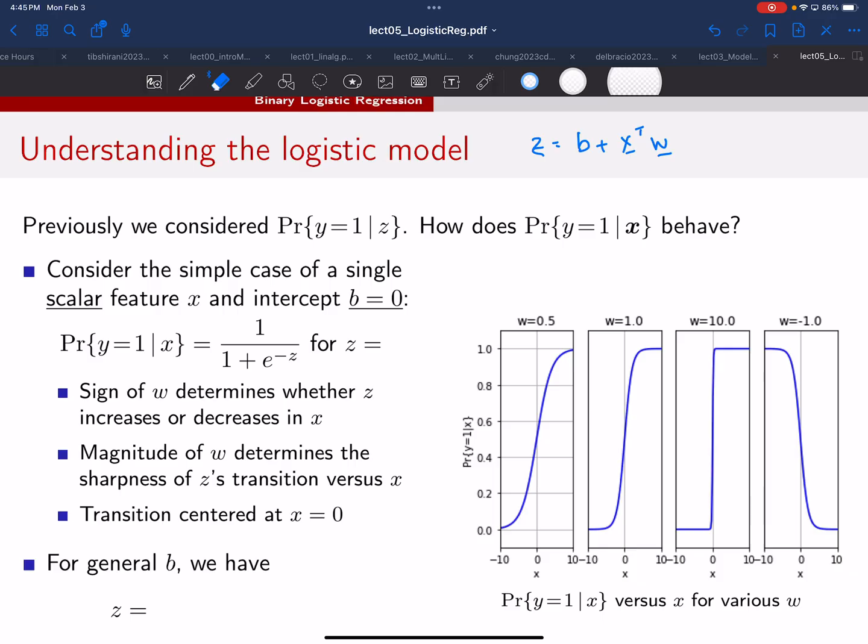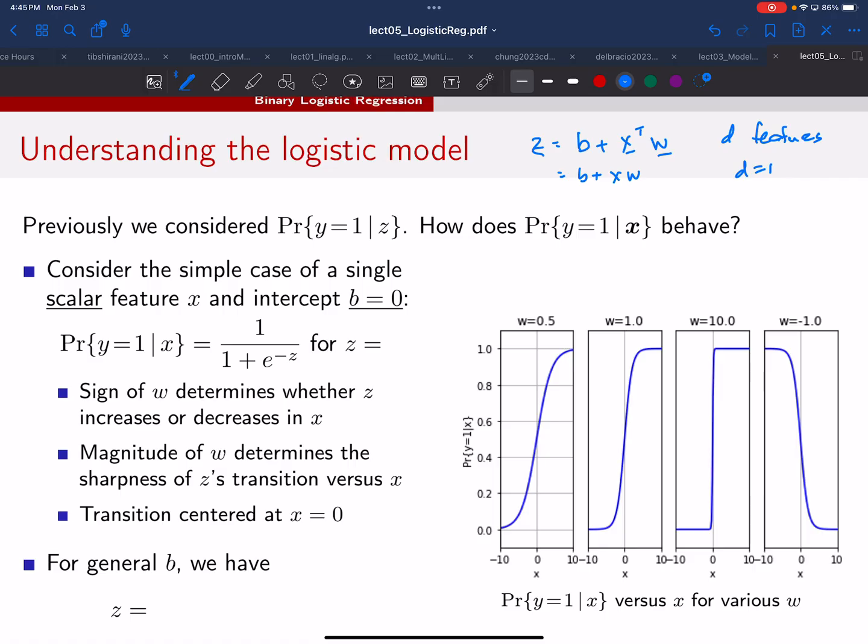If you look at the special case of a single feature, so this is for D features, when D equals 1, you just get b plus x times w. So that's what we're going to study on this page, just to keep things simple.